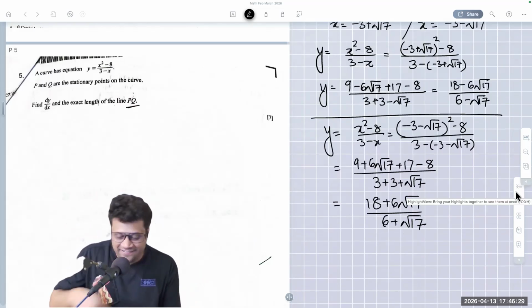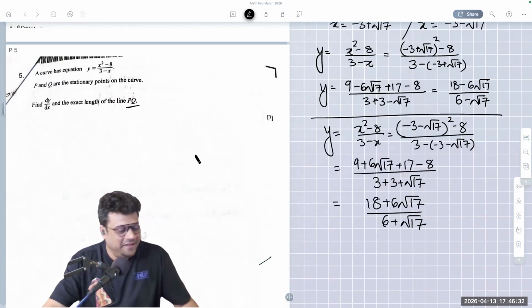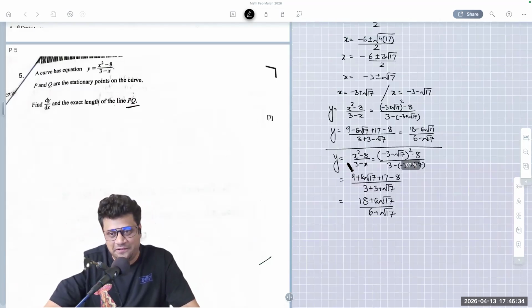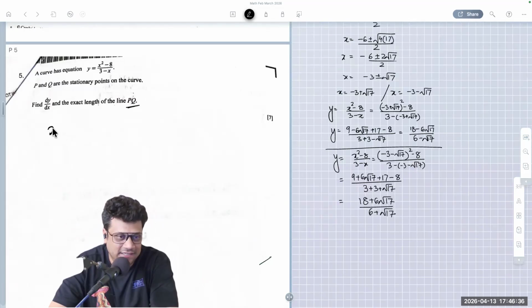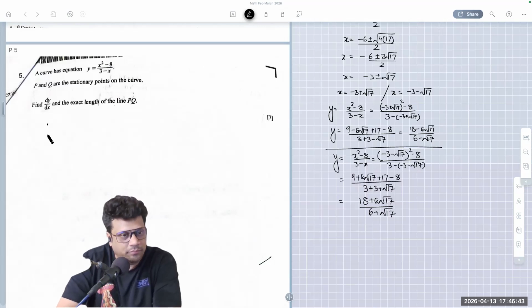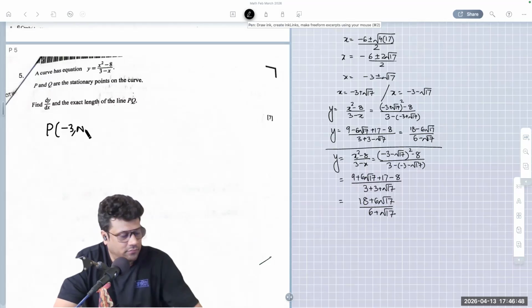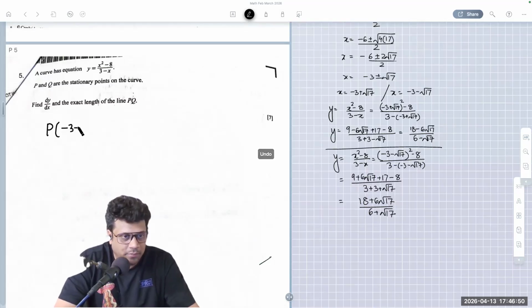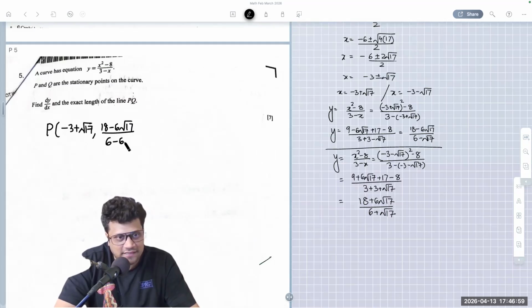It looks crazy. Let's see. What is going on? Okay. So x is negative 3 plus root 17. I'm going to put up the two points here. P has negative 3 comma negative 3 plus root 17 as the x and 18 minus 6 root 17 divided by 6 minus 6 root 17 as the y.